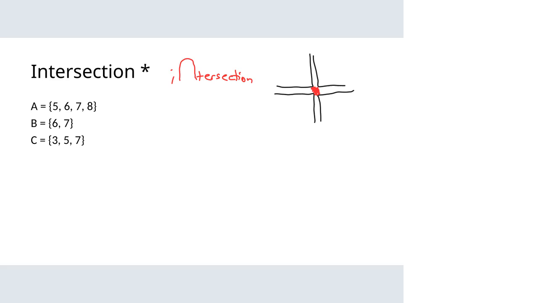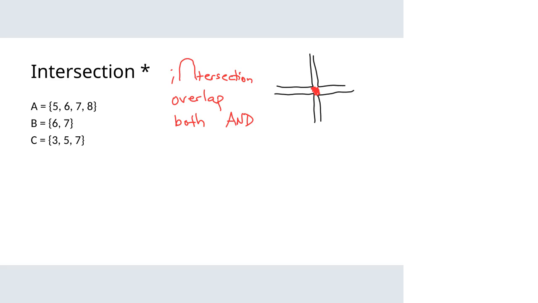And so when we're looking for the intersection of 2 sets, what we're looking for is the overlap of those 2 sets, the elements that they have in common, the elements that are in both sets, the elements that are in the first set and in the second set. And is a really important word for us that goes with intersection.